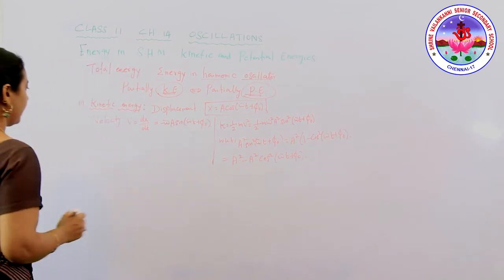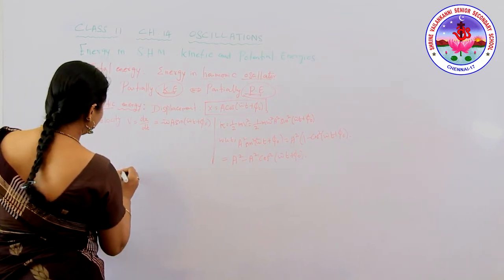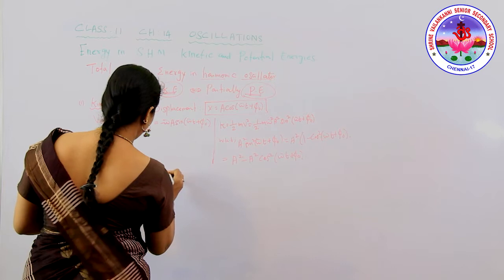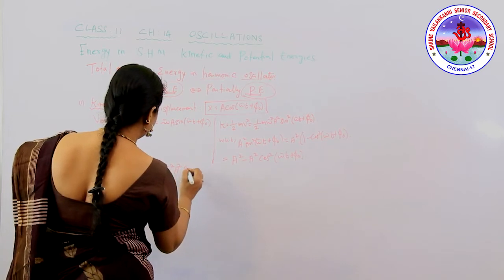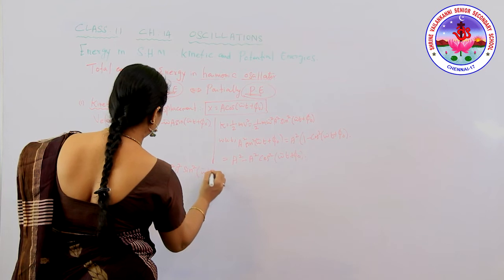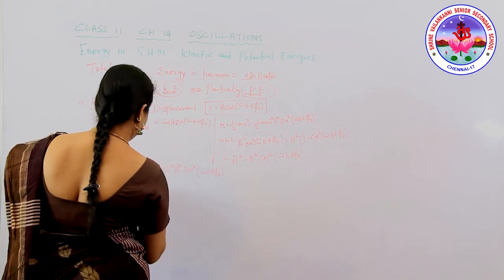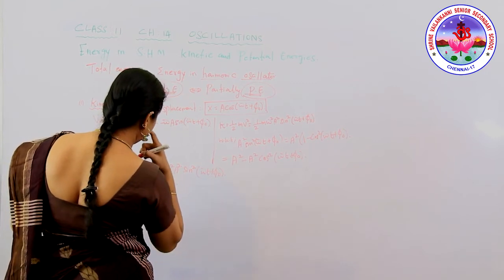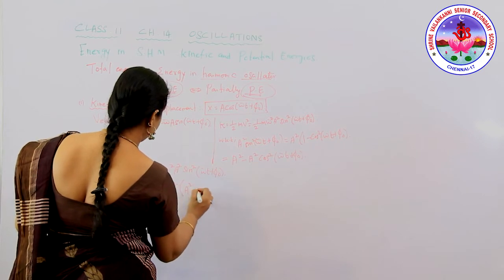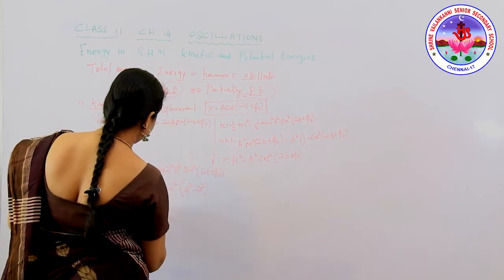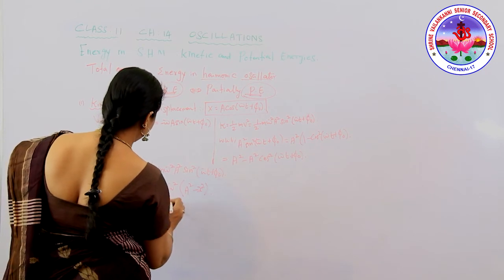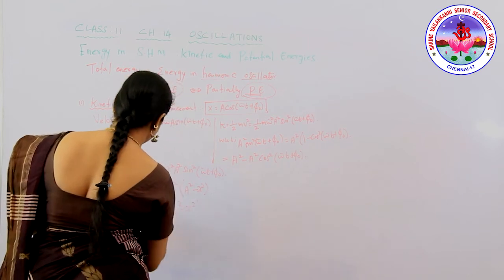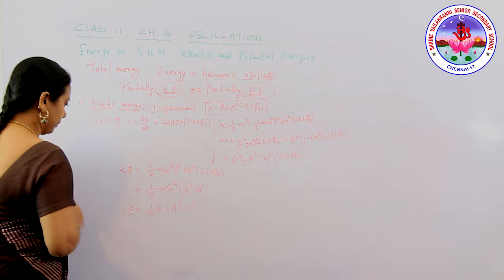Now, here the kinetic energy K, which is equal to half m omega square a square sin square(omega t plus phi naught). This is the value, right? Now the K value we will get half m omega square into (a square minus x square). So we'll get kinetic energy which is equal to half k into (a square minus x square). Right, children?